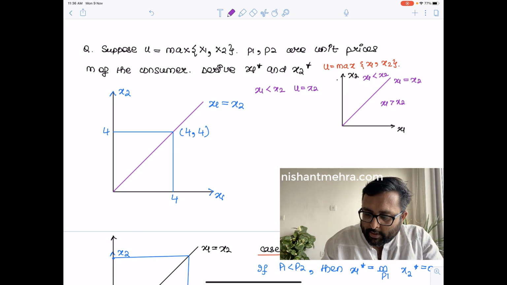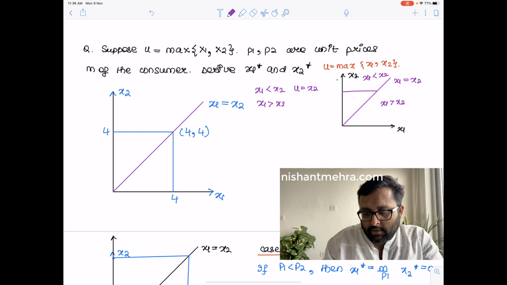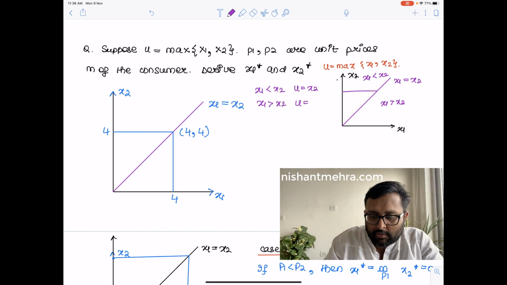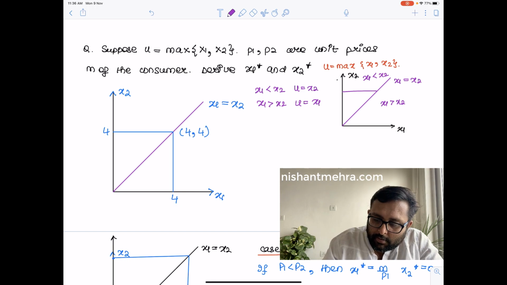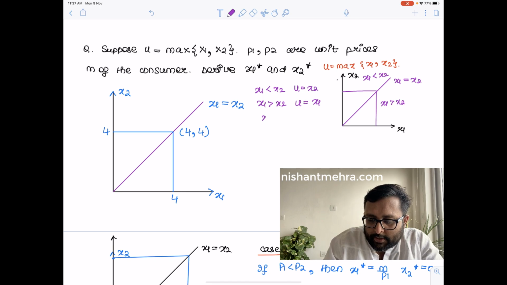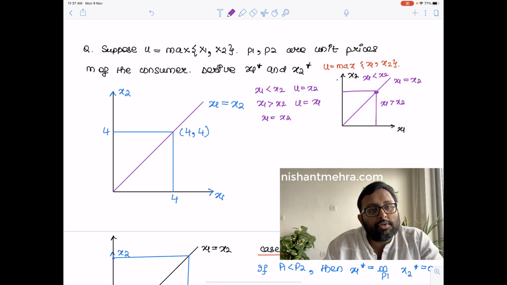So 4 equals x2, somewhat like this. For x1 greater than x2, from max of x1, x2, what will you pick up? x1. So it is U equals x1. And x1 equals x2 is just a point here. So this becomes your indifference curve.